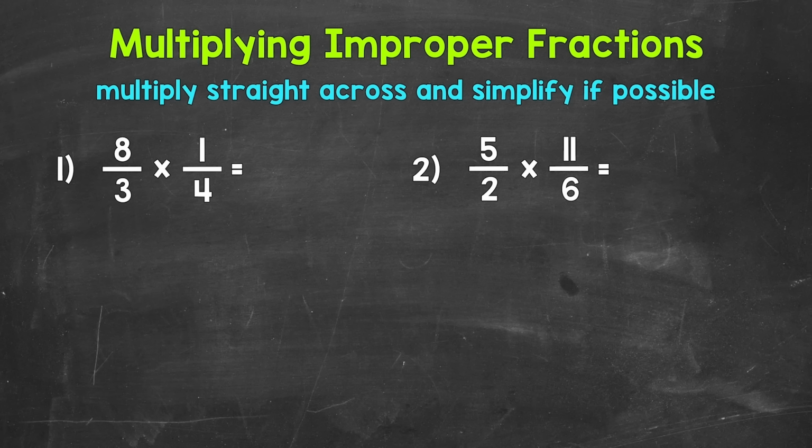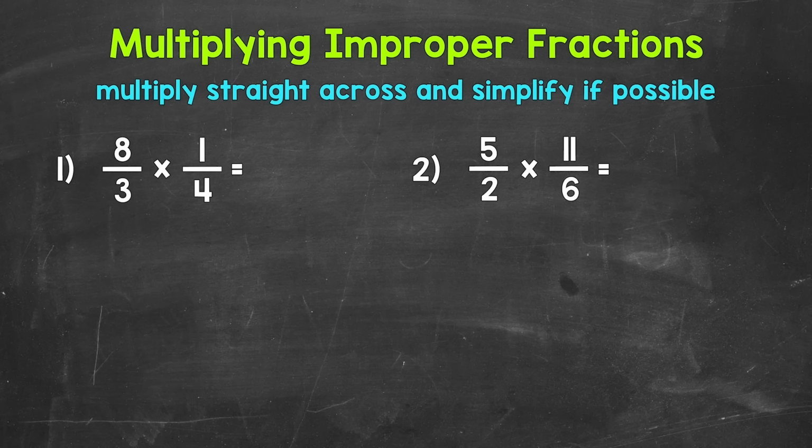Multiply straight across, so numerator times numerator, the top numbers, and then denominator times denominator, the bottom numbers, and then simplify if possible. Improper fractions just have a value greater than one whole. If we're given a problem involving any improper fractions, that doesn't change the way we multiply.